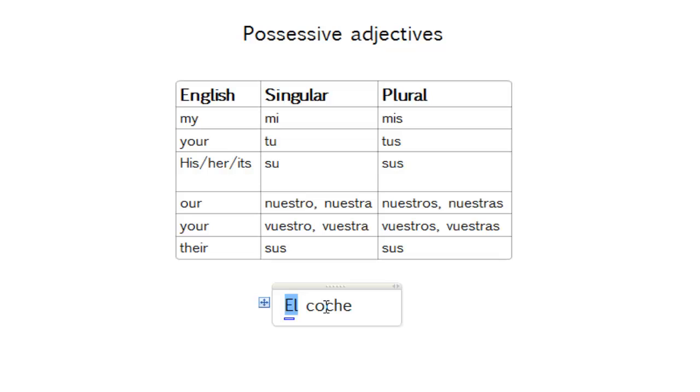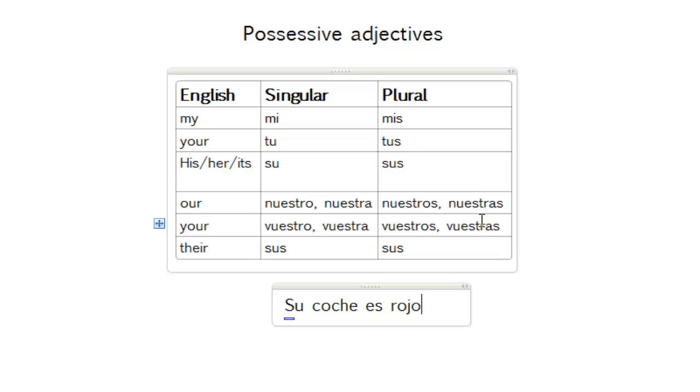For example, let's think. Su coche, for example, is, and we'll say is red, rojo. Rojo, that's red. Su coche es rojo.